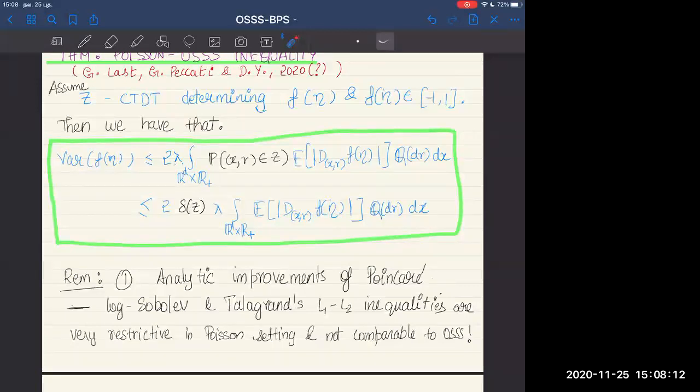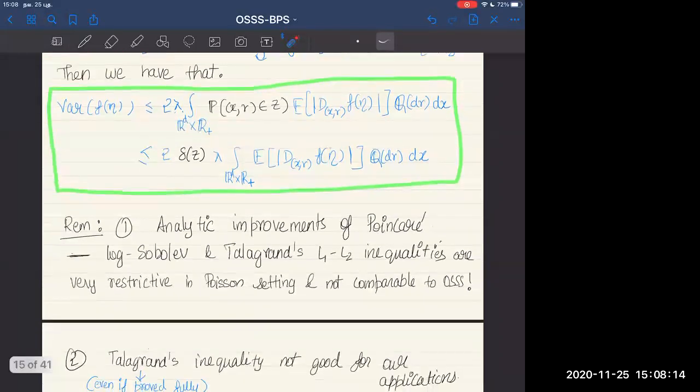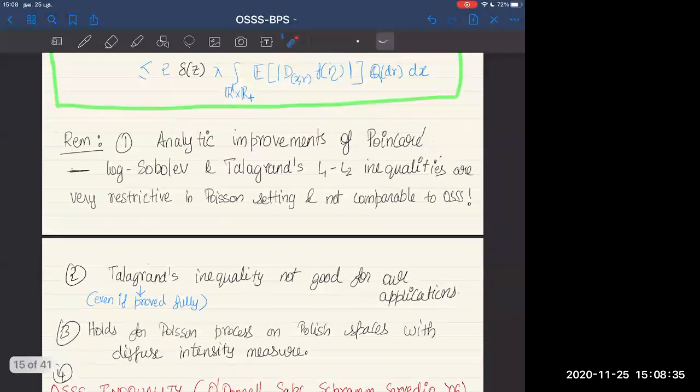Some remarks. Due to lack of time, I will not be saying so much. There are improvements of the Poincare inequality known as the Log-Sobolev and Talagrand's inequality. If you do not know it, it is not important for the talk. But for the Poisson process, these are very restrictive. Even if the full L1, L2 or Talagrand's inequality is proven in full generality, these are still not good for our applications.